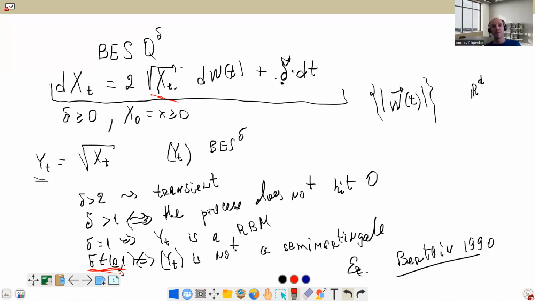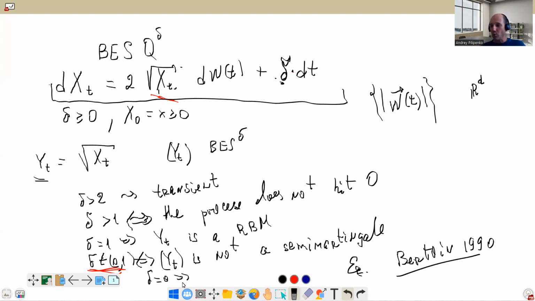I have one question. It remains one case, if delta equals 0. Yes, if delta is 0, then y of t hits 0 and then stays at 0 forever.